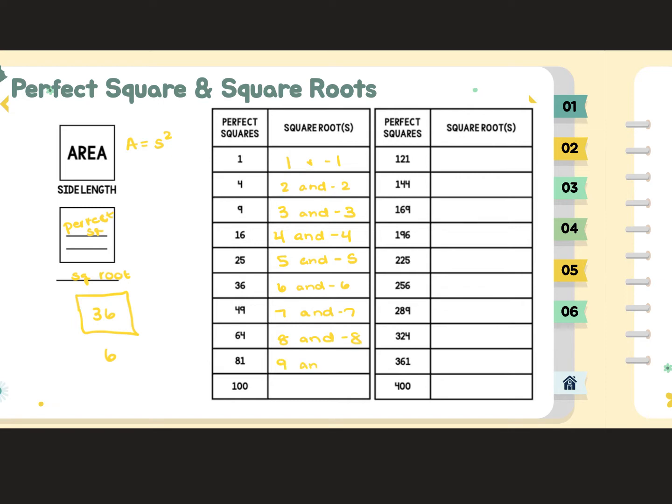Square root of 81 is 9. The negative square root would be negative 9. For 100, we have 10 and negative 10. All right, for 121, we have 11 and negative 11. 144, 12 and negative 12. 169, 13 and negative 13. 196, 14 and negative 14. 225, 15 and negative 15.